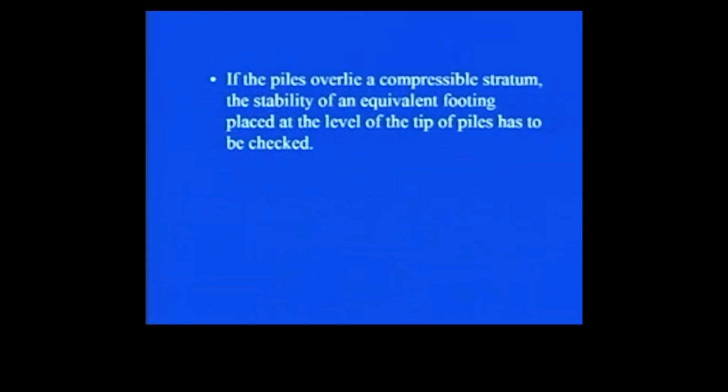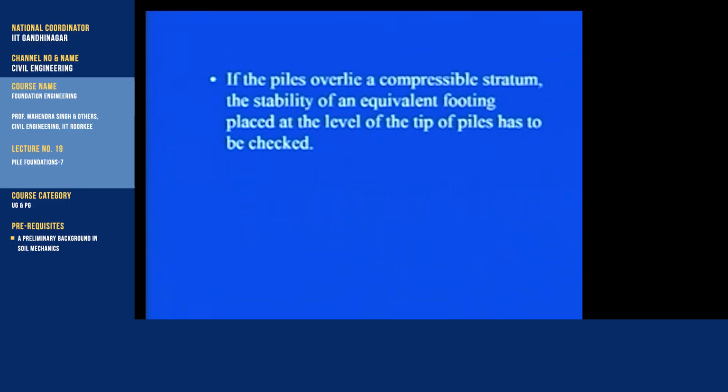So, if the piles overlie a compressible stratum, the stability of an equivalent footing placed at the level of the tip of the pile has to be checked. Overlying a compressible stratum means that the soil strata is poor in nature. It can be clay of high compressibility or it can be loose sand, but here we are talking of pile groups in sand, so it is loose sand in nature.